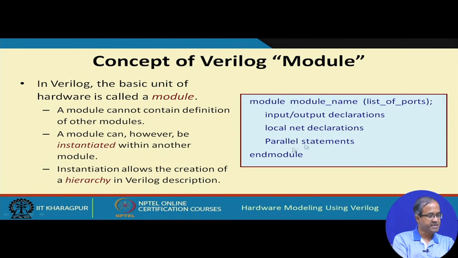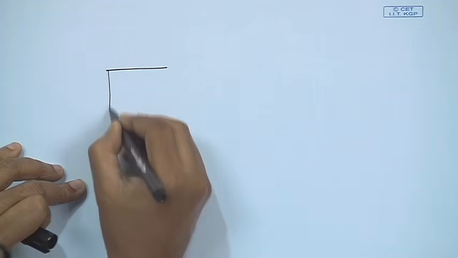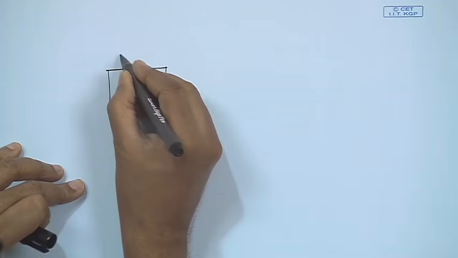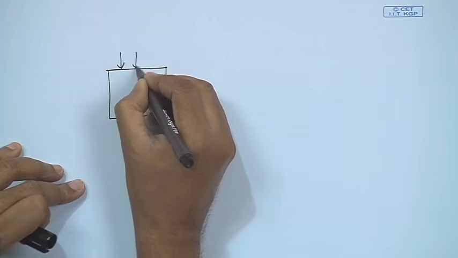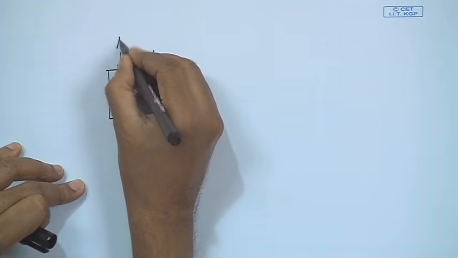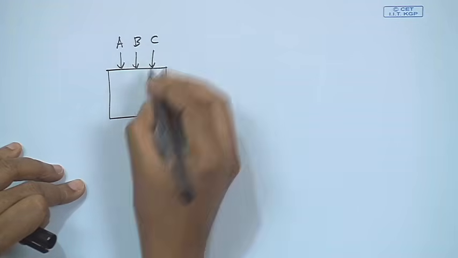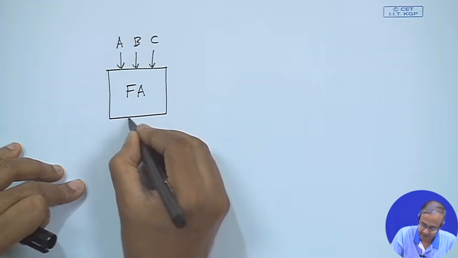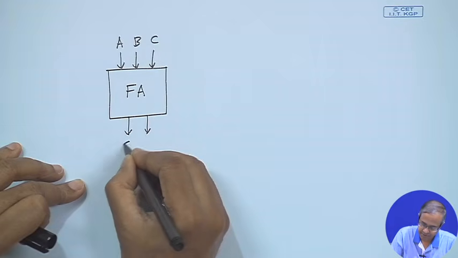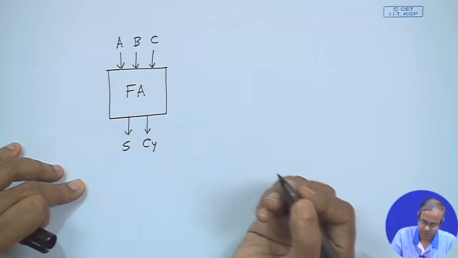Now, this is ultimately some hardware we are trying to design. Let us say I am building a full adder. You know that for a full adder there are 3 inputs A, B, C, and there are 2 outputs sum and carry out.